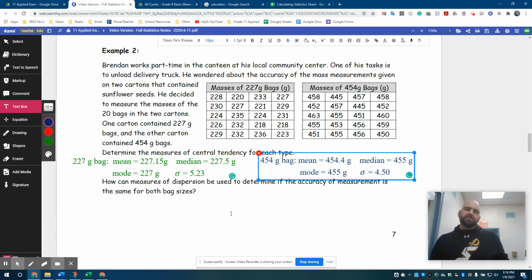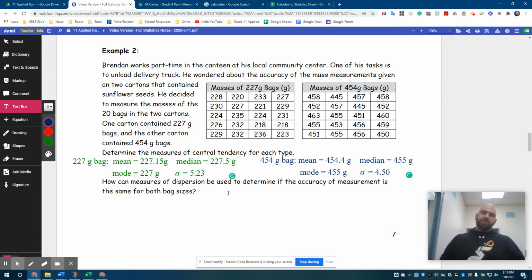All right, so now how can the measures of dispersion be used to determine if the accuracy of measurement is the same for both bags? Well, standard deviation tells us how accurate or how sparse these data points are. The smaller the standard deviation, the closer to the normal or the mean are the majority of the bags. So the smaller the standard deviation, the more accurate is the measurement.